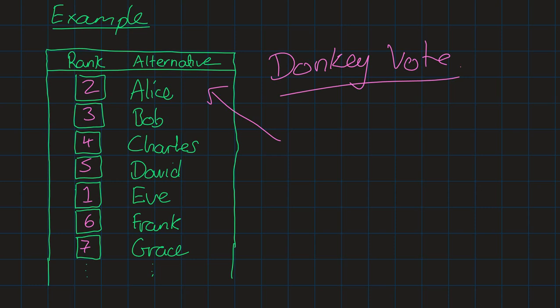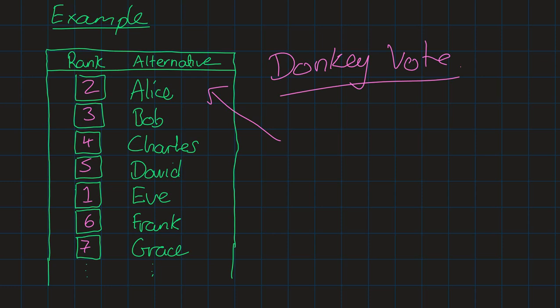And this is a non-trivial phenomenon. It's not just something that can be ignored. This phenomenon of people doing donkey votes actually influences the outcome of the election, right? I mean, most elections that use a ranked preference voting system, an ordinal voting system, they have measures to try and take this into account.